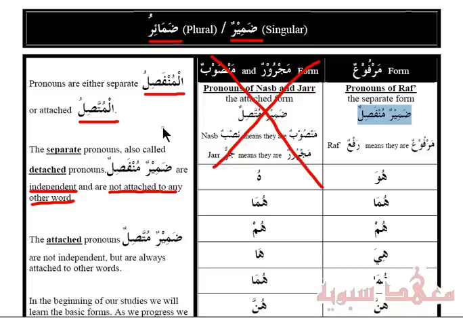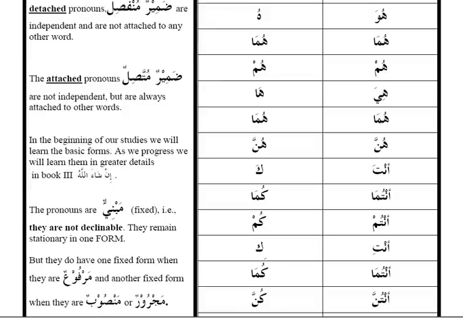Okay, let's move this up a bit. So let's read on. It says the pronouns are mabniyun, which means they are not declinable. So when we learned at the beginning was that nouns decline.